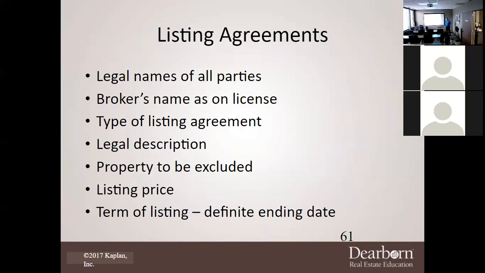So at some point while you're going through, and this is very key when you're doing a listing presentation, you want to go through the property and ask the client, is there anything in particular that you want to exclude?